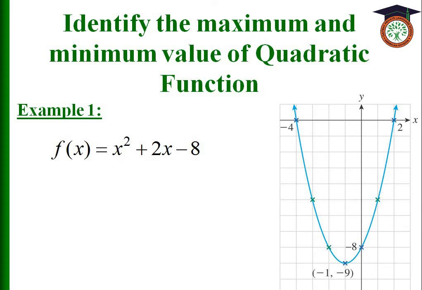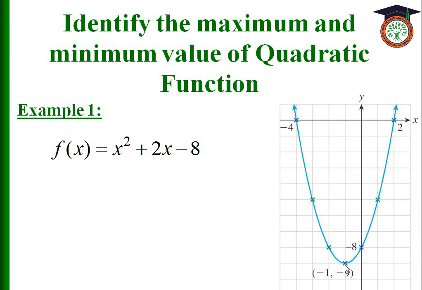Look at this parabola. The parabola here opens upward. How do you know? From the function, a is positive 1. It's bigger than 0, so the parabola opens upward. When the parabola opens upward, it will have a minimum value.